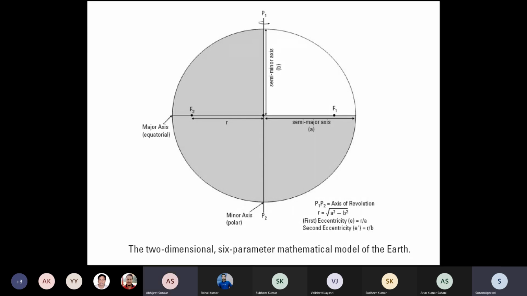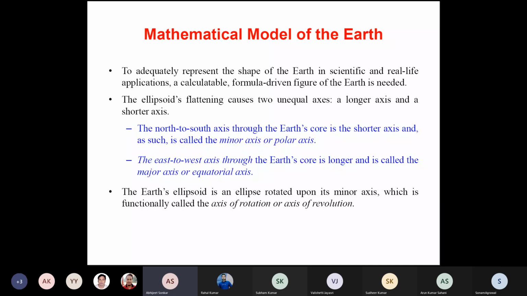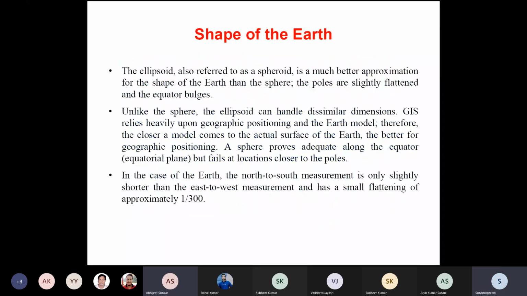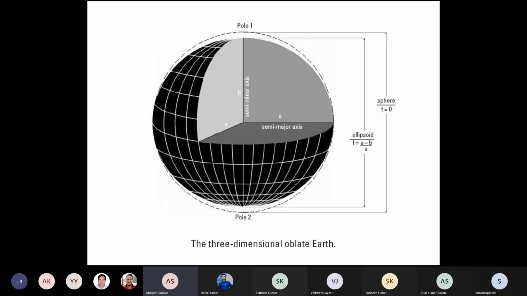Ma'am, in the earlier diagram which you showed, the Earth should be more bulged out at the equator, no? Yes. But in the diagram it is shown nearly equal. Exactly, that is a slight bulge. You can see this dashed circle. The solid Earth, the so-called actual Earth, is overlaying on that one. It is coming out from this dashed circle.